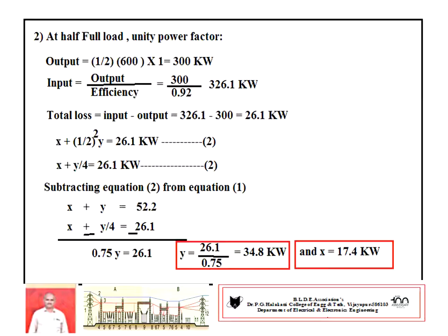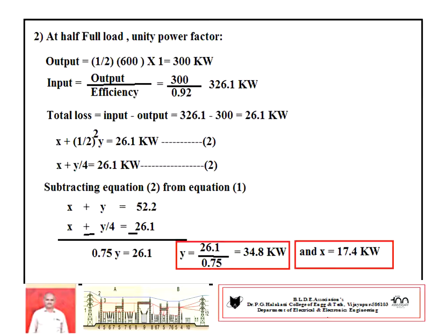You take input equals output divided by efficiency, that is 326.1 kilowatt. Total loss equals input minus output, 326.1 minus 300, it becomes 26.1 kilowatt.